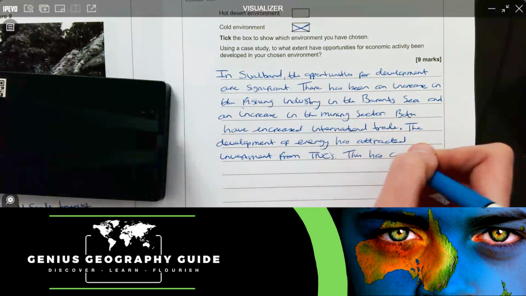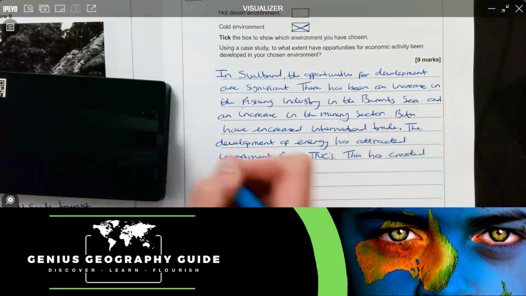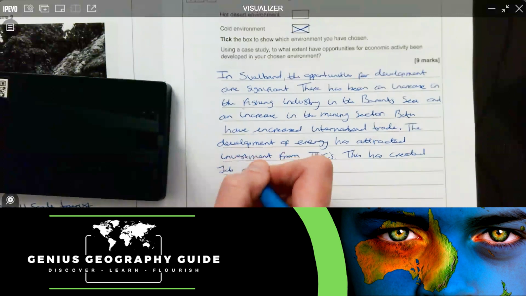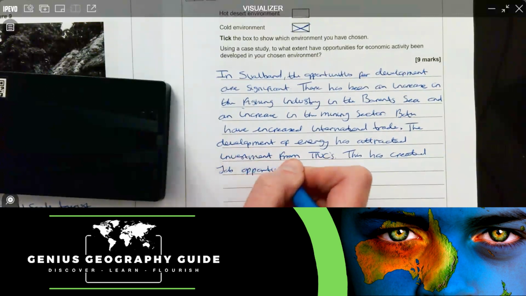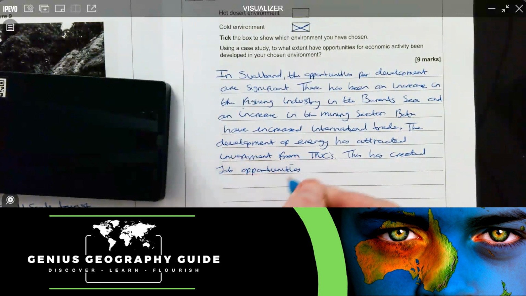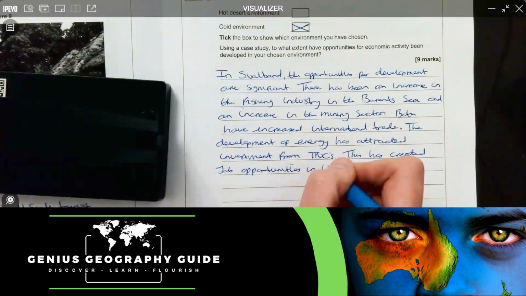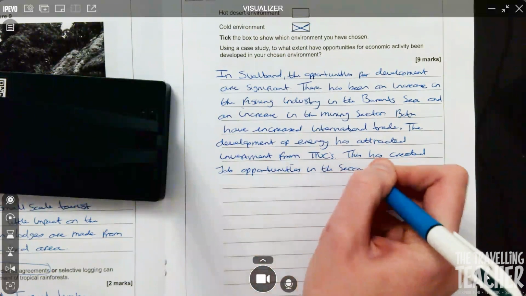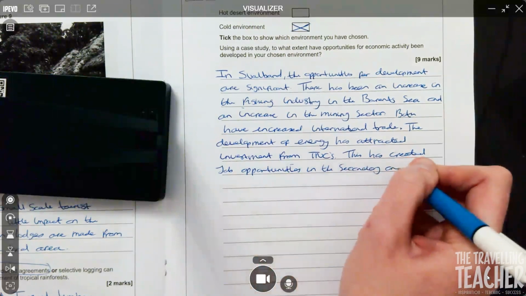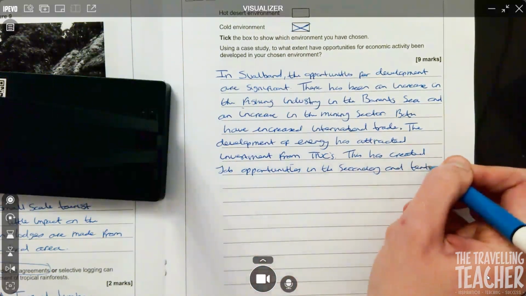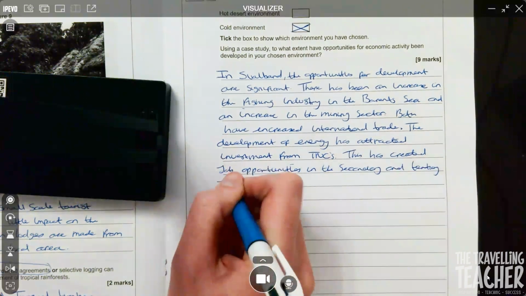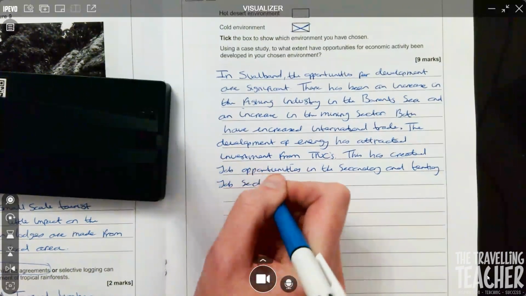This has created job opportunities in the secondary and tertiary job sector.